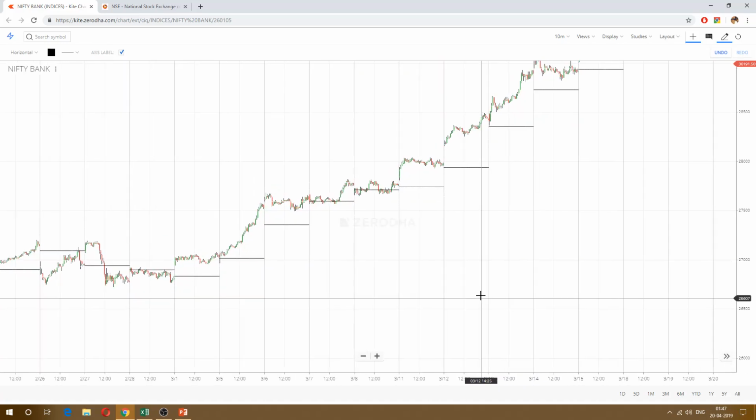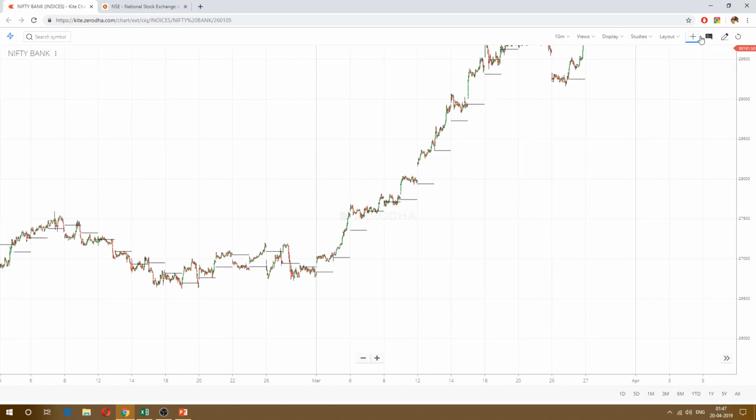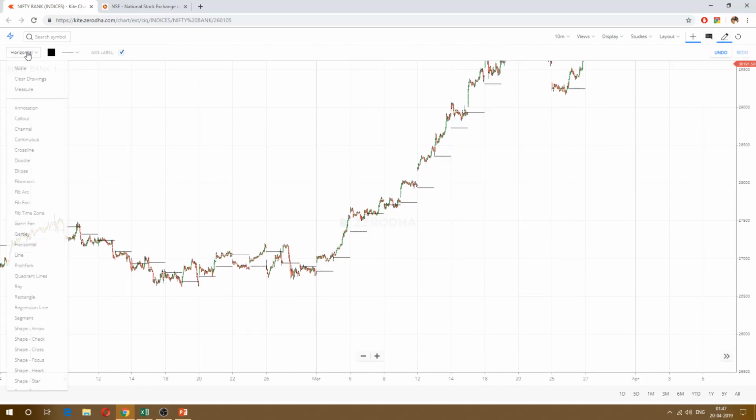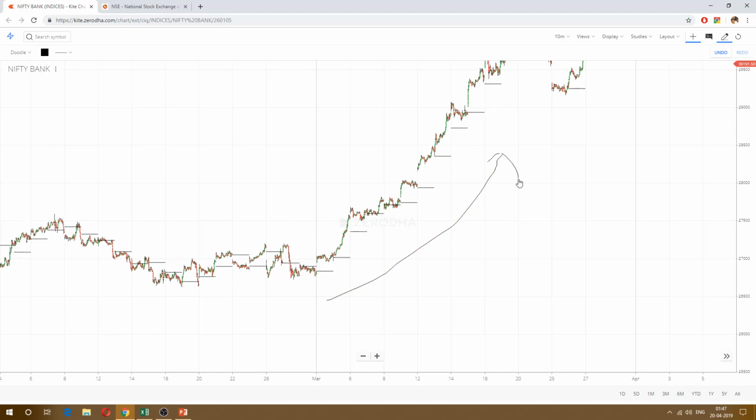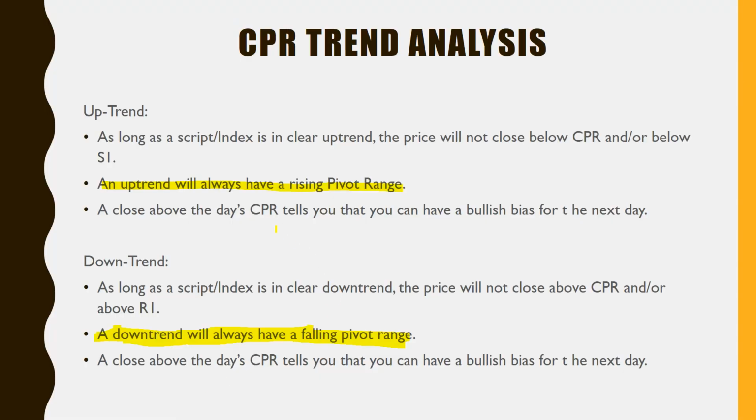See the uptrend. You can clearly see here, this is an uptrend, right? Here we have an uptrend. See the central pivot line. In an uptrend, CPR will have a rising pivot range, right?